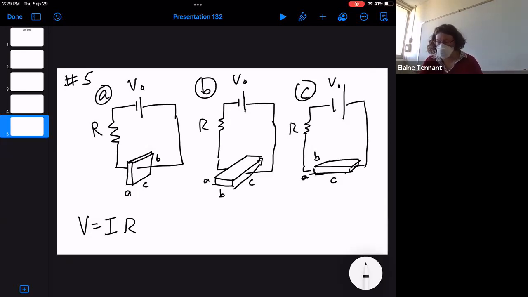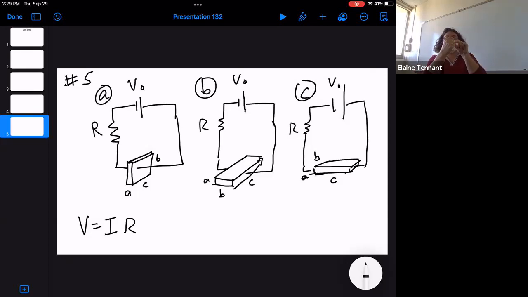Which one do you think is going to have the highest current and therefore the lowest resistance? A, you're absolutely right. Because for A, it's got the shortest length to travel through, right?